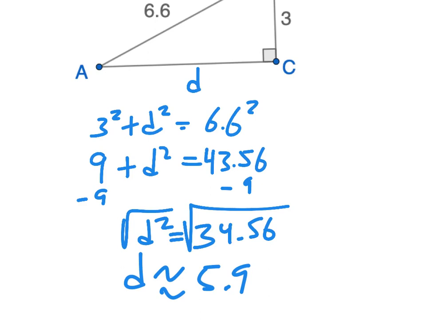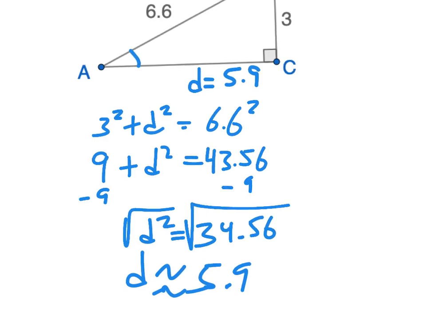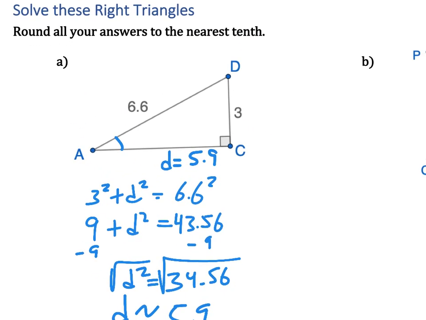Now, we need to find all the angles, though, also. So we found D, but we didn't find the angles. If we want to find the angles, we want to use the 3 and the 6.6. We rounded the 5.9 off. That's not exact. We really shouldn't have put an equal sign here; we really should put approximate.